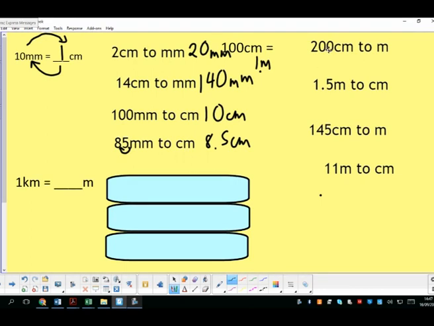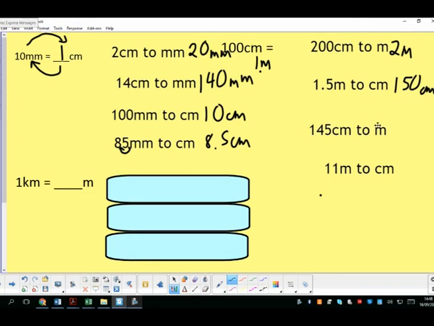So if 100 centimeters is 1 meter, 200 centimeters is 2 meters. So we've just divided by 100. 1.5 meters, so 1 meter is 100, so 1.5 meters will be 150 centimeters.